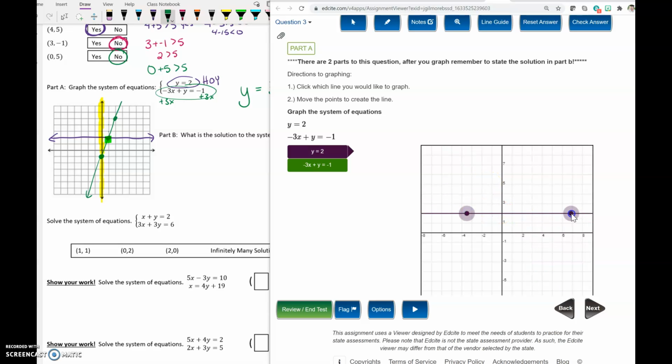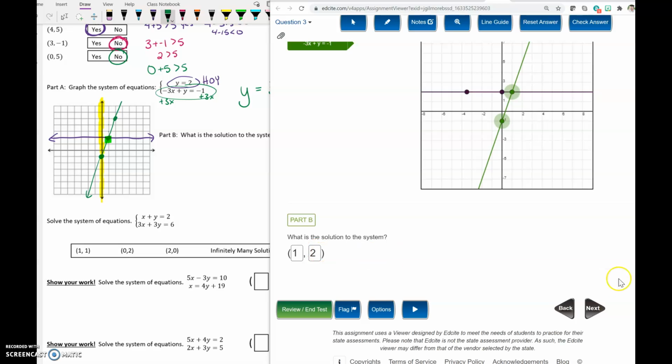And it doesn't matter where that point is as long as you have a horizontal line at 2. Then you click the green one, and I know my y-intercept is -1, so I put a point on my y-intercept of -1. And then this point, we go up 3, right 1. There's our graph. So that is the graphed system. Don't forget to scroll down and enter your solution.